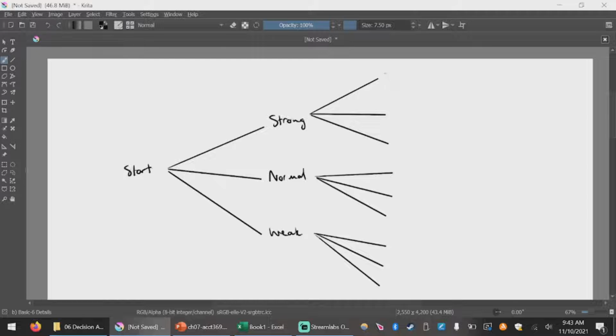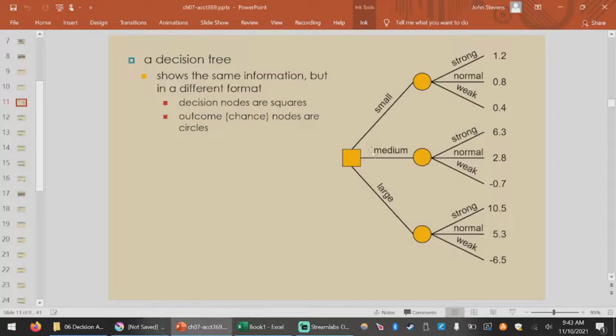The benefit, so here I'm not going to write everything in, but she has a small order and a medium order and then a large one. So in general, I like to separate the probability tree from the decision tree. You can argue that her decision-making process flows like this.